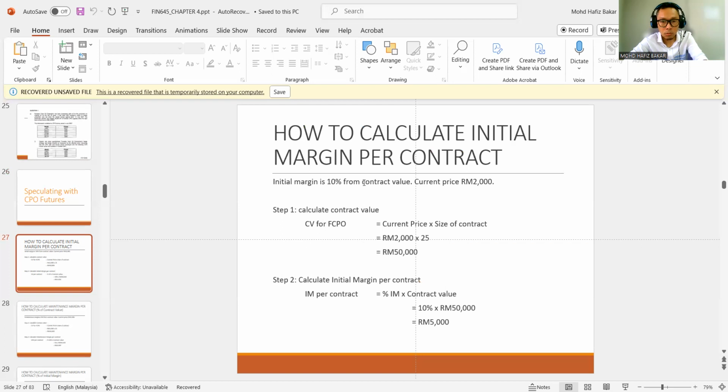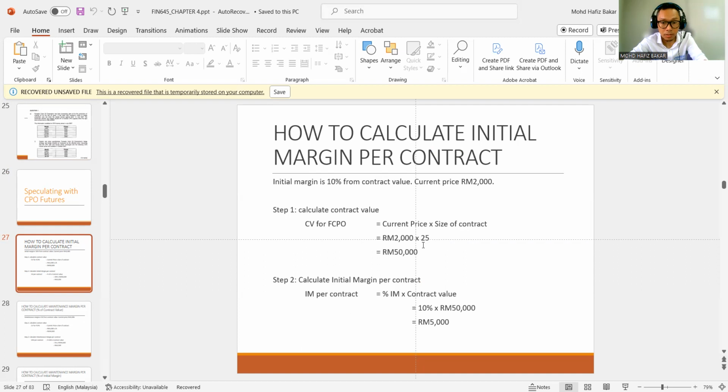On this situation, first step you need to calculate the contract value. You need to know the contract value from the current price and the size of the contract. For commodities, the size is fixed, which is 25 tons per contract. The 25 tons is already set by our government and also Bursa Malaysia, and it is still not changing from early 2000 until now.